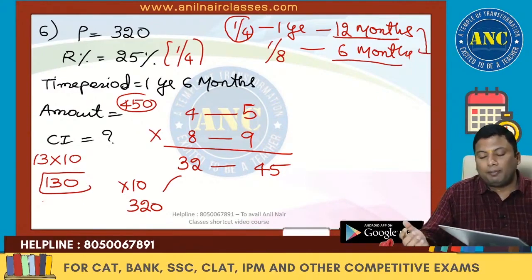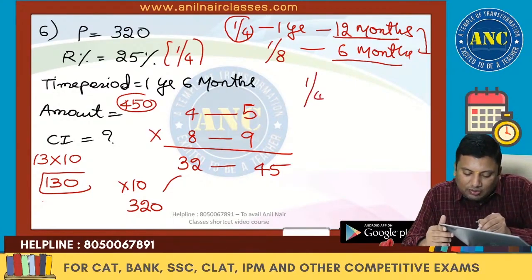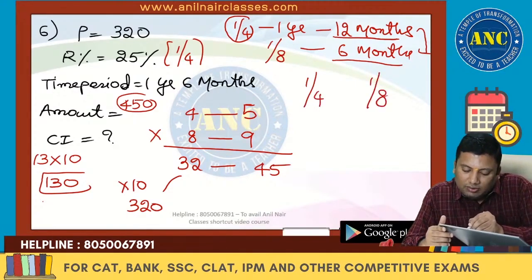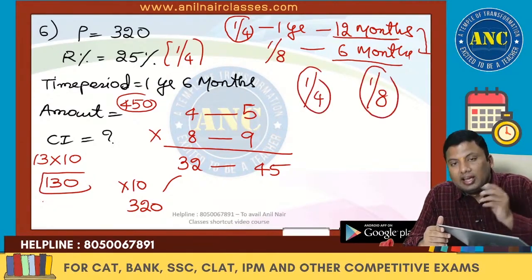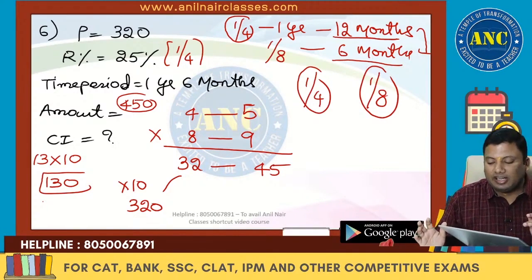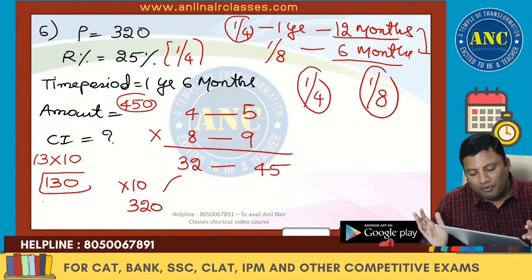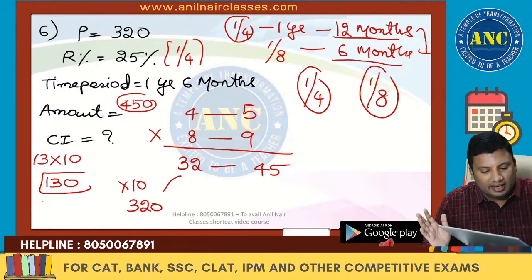So half of 1 by 4 is 1 by 8. 4, 1 increase, 5. 8, 1 increase, it is 9. I hope the idea is clear.